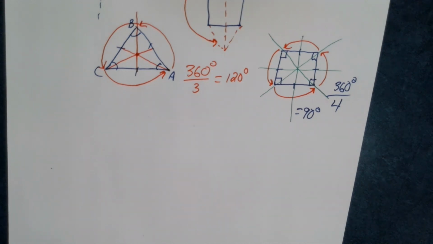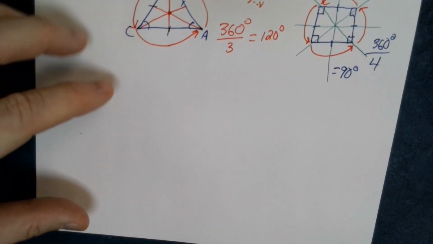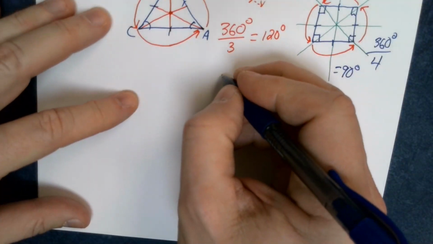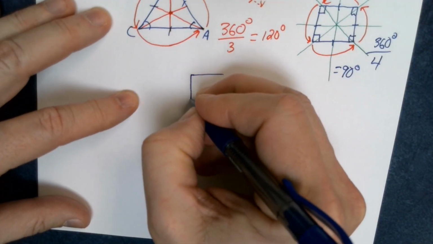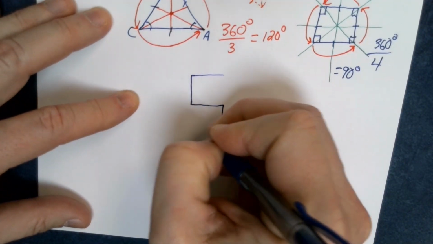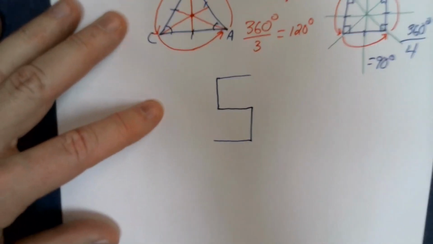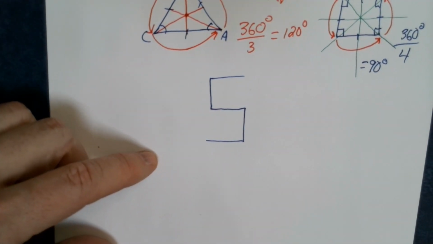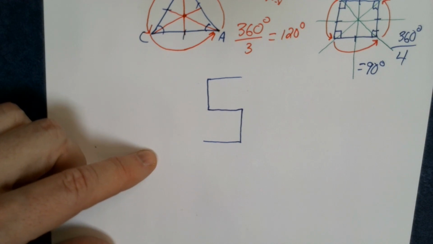And again, each shape may be completely different. So let's take this one as an example. Kind of an S, right, or a block style 5.